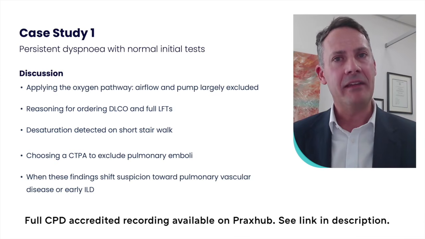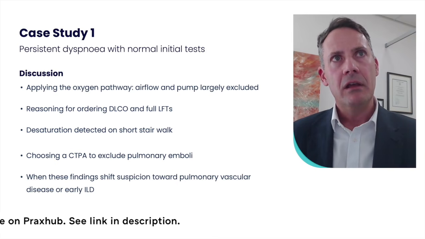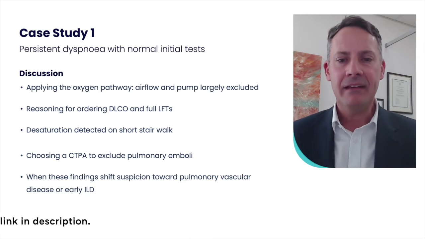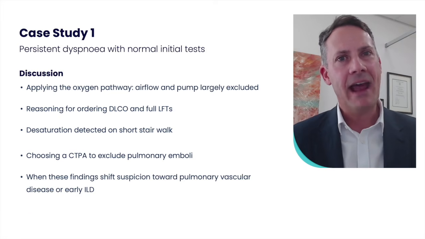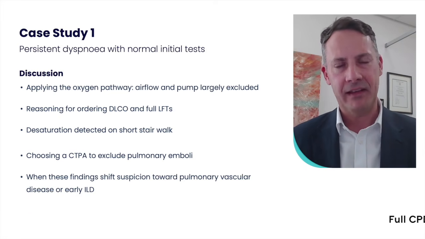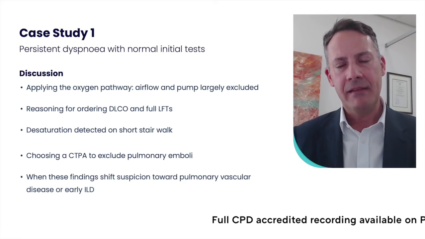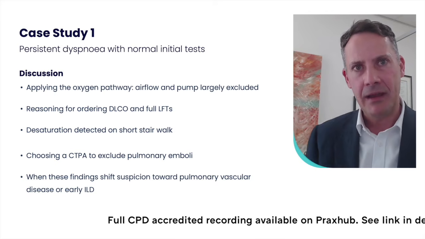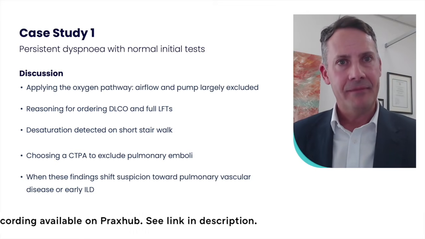If you did a plain CT or an ultra low dose CT, it won't be adequate to look at the pulmonary vasculature. So we do the CTPA, it excludes pulmonary emboli, but we still haven't got our answer.